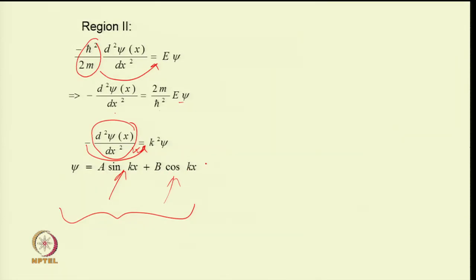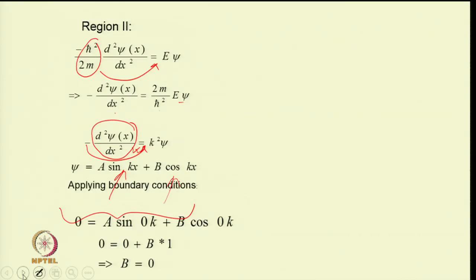kx. Now, what we will do is apply boundary conditions to get the value of k. We know that the wave function is 0 at the boundary.